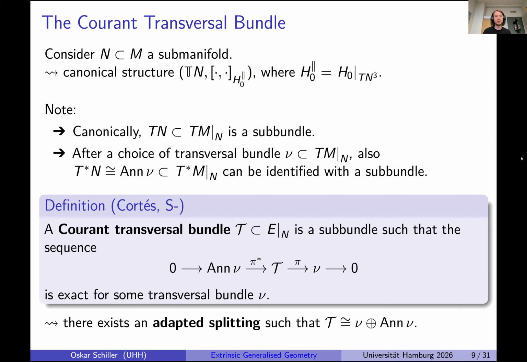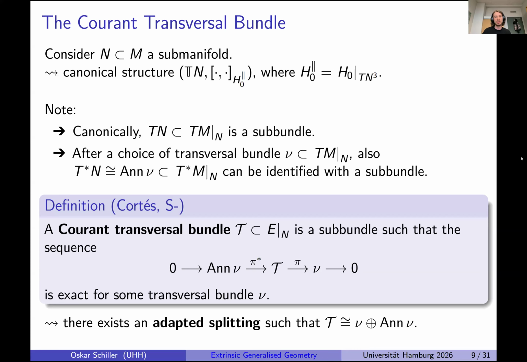But we want to, so the tangent bundle of the submanifold, you can canonically understand as a subbundle of the tangent bundle of the ambient space. And we want to achieve a similar thing for the generalized tangent bundle. However, in order to do this, you have to make a choice.